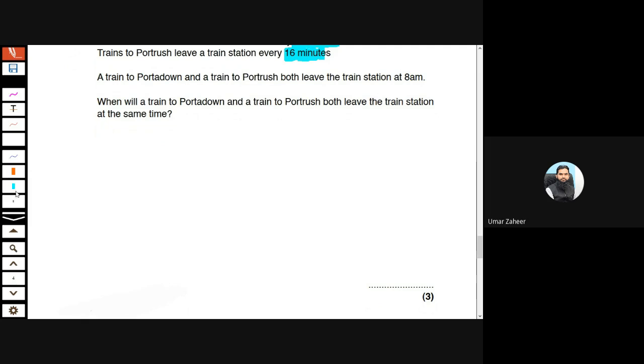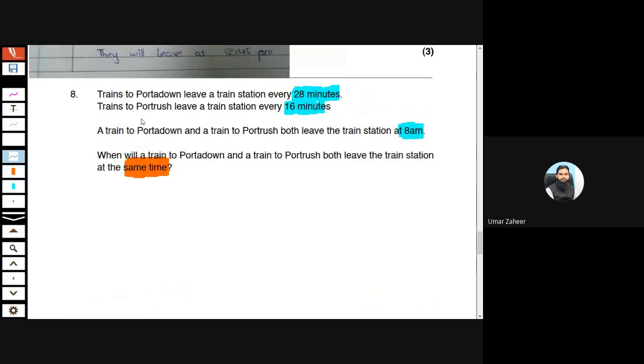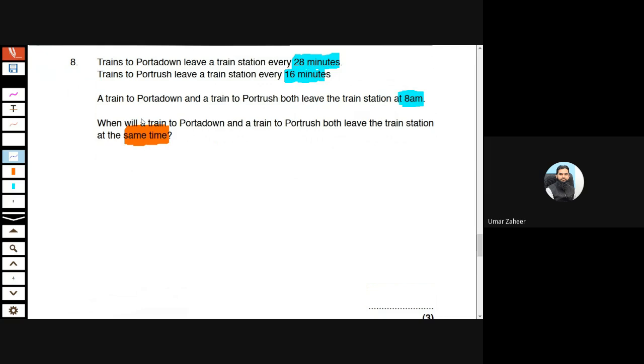You are asked, if they leave the station together at 8 a.m., when they will next leave at the same time. So we have to take the LCM of 28 and 16, and then add it to 8 a.m. Let's see how to find the LCM first.